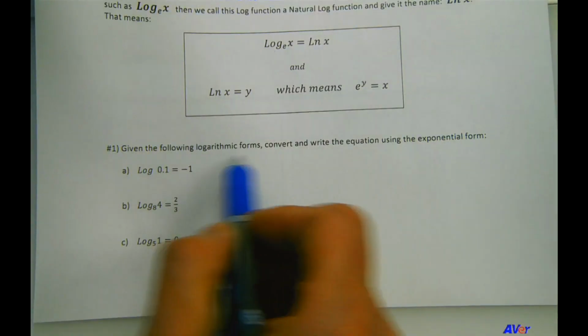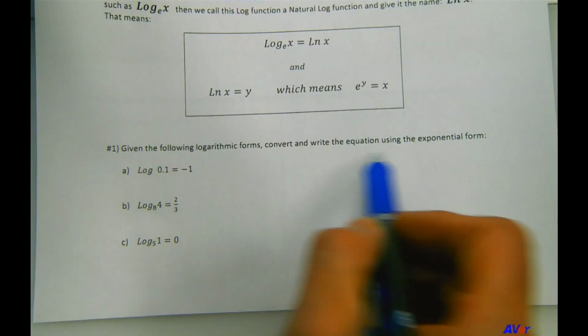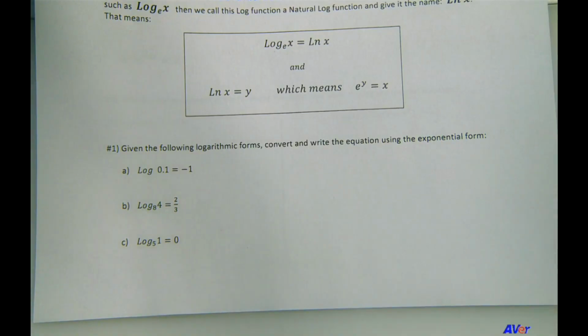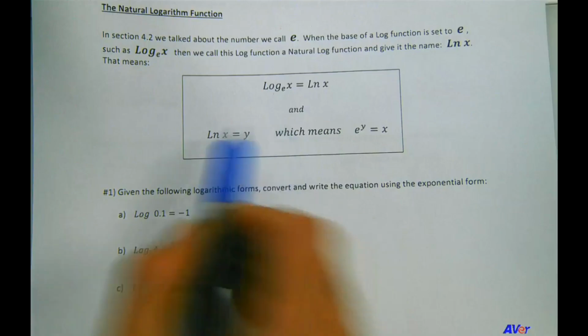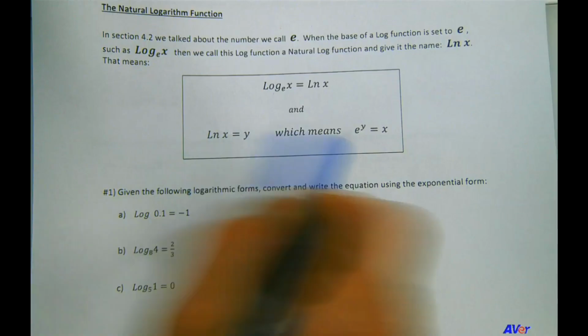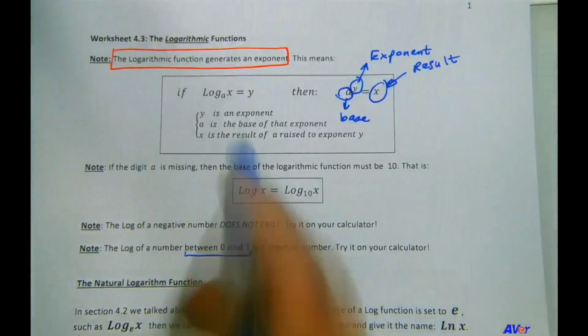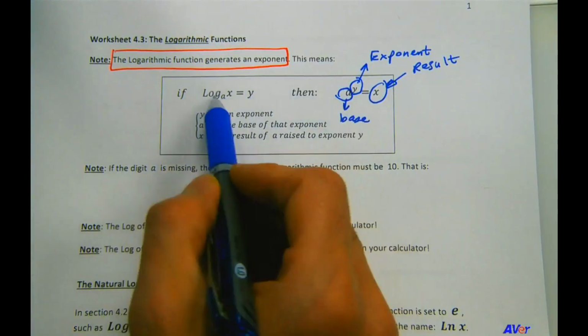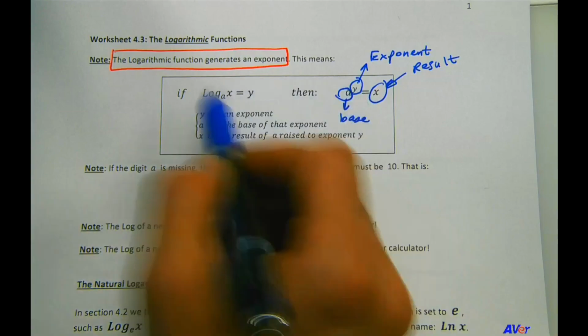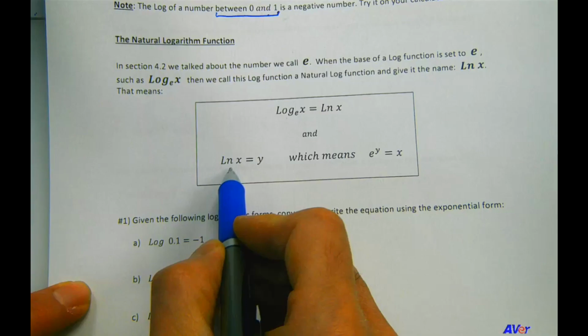Okay, so given the following logarithmic forms, convert and write the equation using the exponential form. So this is so important, to be able to go from the natural log form to exponential form, or the log form to the exponential form and back, from the exponential form to the log form, and from the exponential form back to the natural log form.